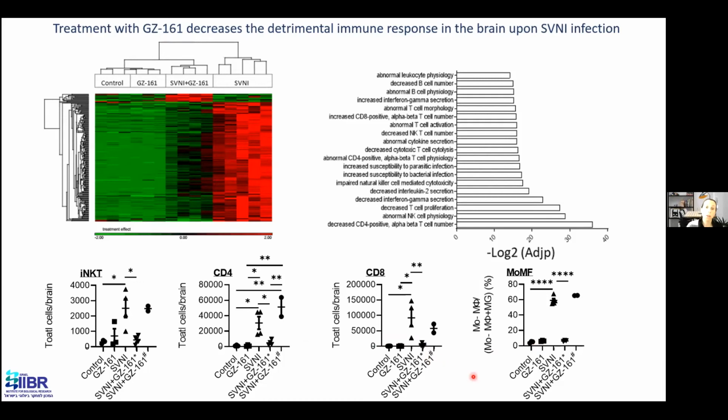So there is less recruitment of inflammatory cells into the brain, although we have pretty much the same amount of virus in the brain. GZ reduced the recruitment of cells. So we will look for what GZ can do to impact the recruitment of the cells, of the inflammatory response that much.